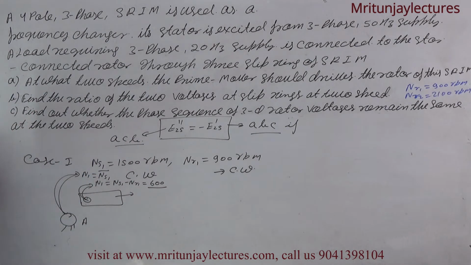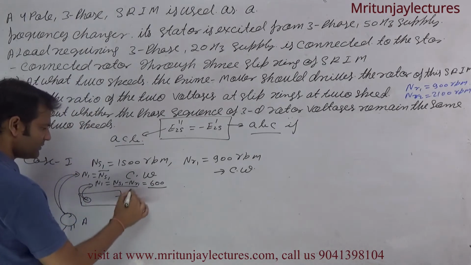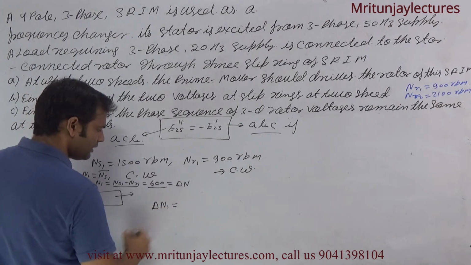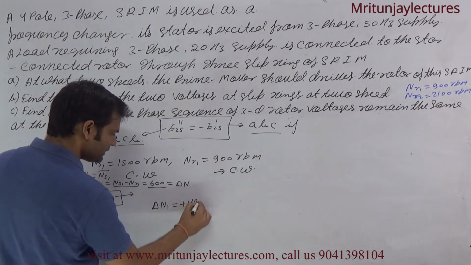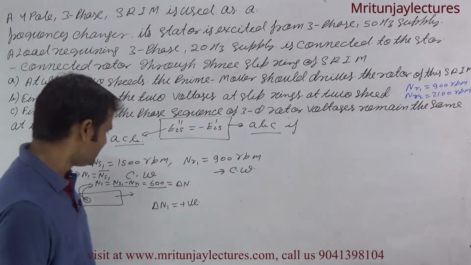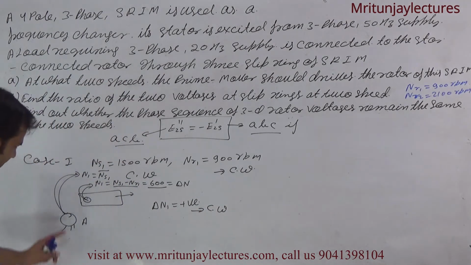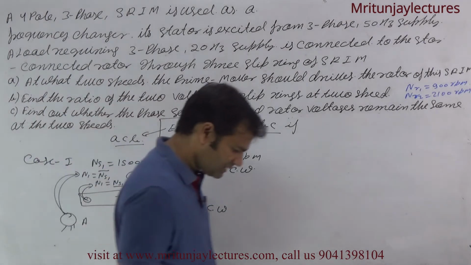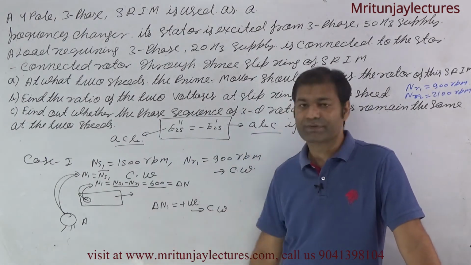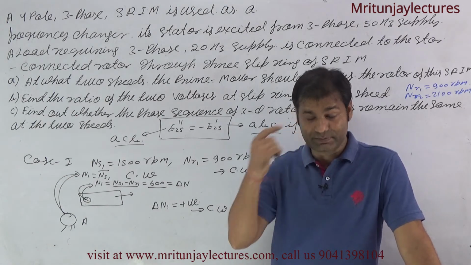Both directions are the same, delta N1 is also positive, which means it is also clockwise. So if the stator phase sequence is ABC, then the rotor phase sequence is also ABC, because it is decided by relative speed.